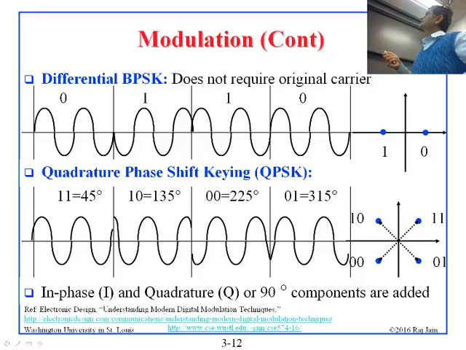Then there is no phase shift, and therefore this is a 0. So in this case, basically you don't have to worry about where the phase originally was, but basically the previous bit, if there is a phase shift in this bit, it's a 1, and if there is no change in the phase shift, then it is a 0.